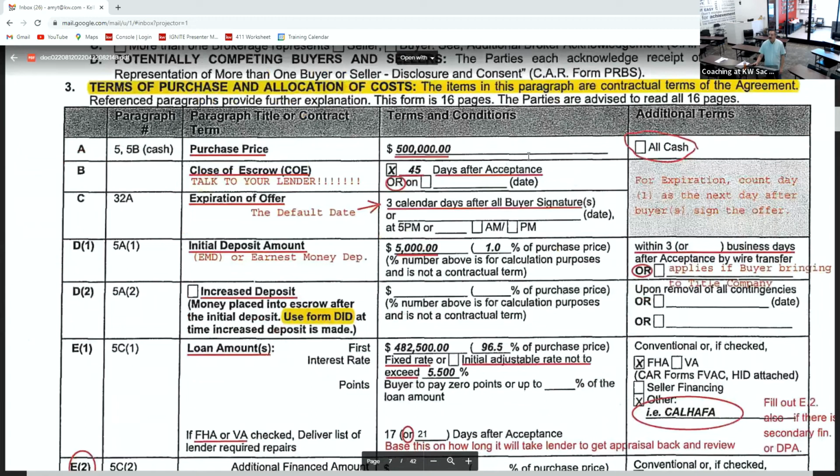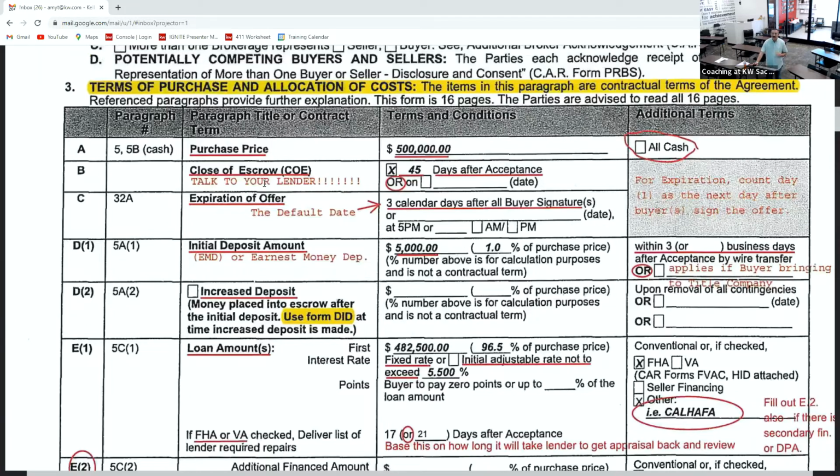So you can see here, you're going to put the purchase price. If it's all cash, you simply put an X here and you don't need to worry about the financing stuff. Close of escrow. I would highly encourage you, if you're representing a buyer and you're writing up this contract, depending on the financing type, there could be varying ranges that it's going to take to get that deal closed.